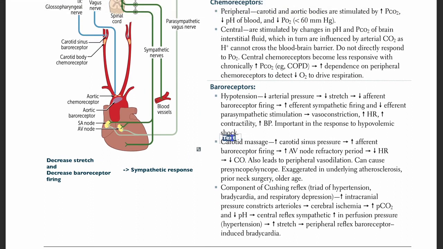And then when you have increase in stretch and baroreceptor firing, it leads to parasympathetic response.